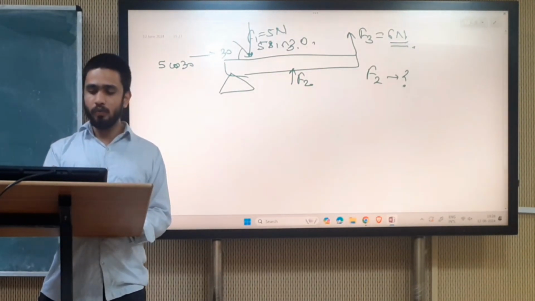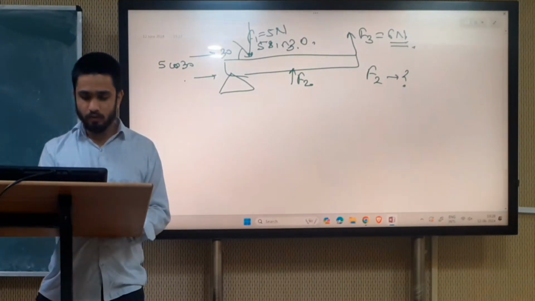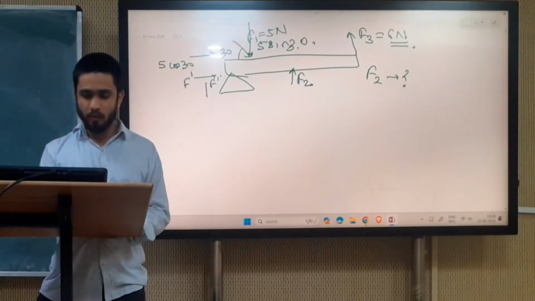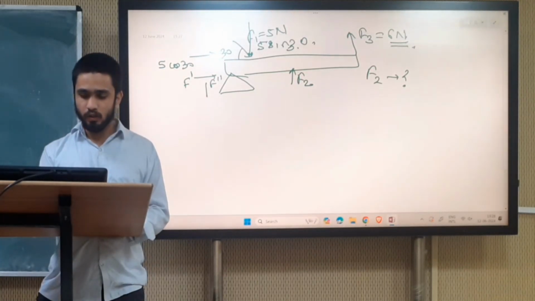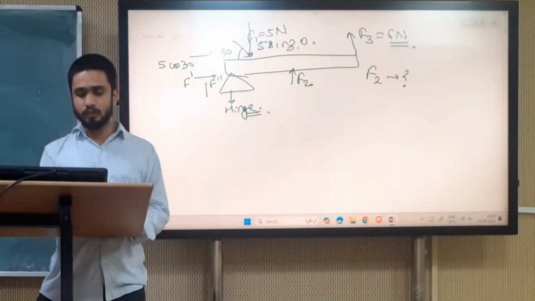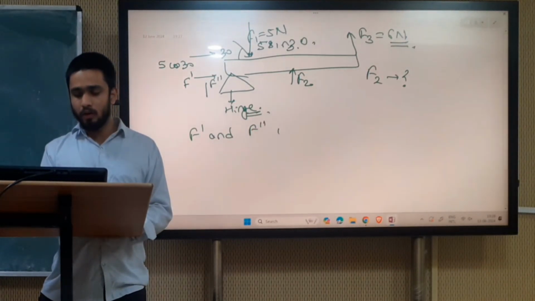So how will we do the torque balance? Suppose that F dash and F double dash are the two forces acting at the hinge.